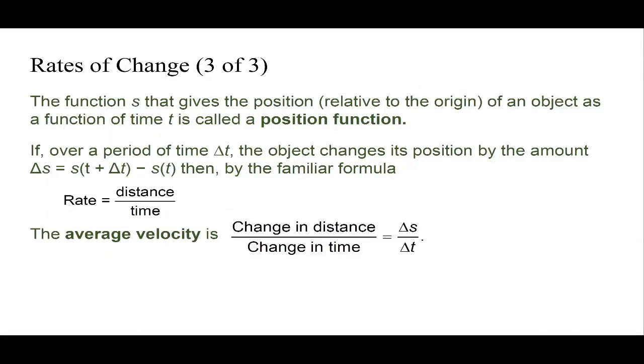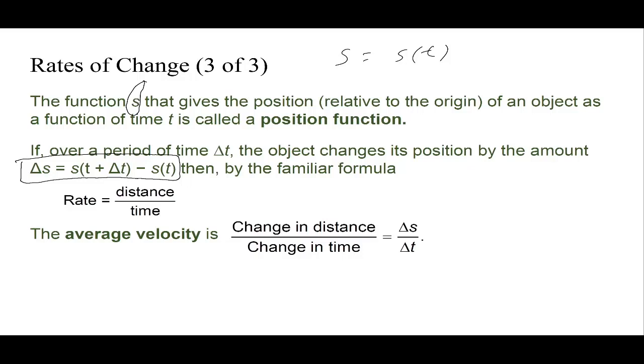Okay, so rate of change, eventually, let's say you have a position function s. S stands for the position function, which is a function of time. As time passes, the position changes. Then we can find the rate of change of this position function by using this formula. This one gives you the difference.